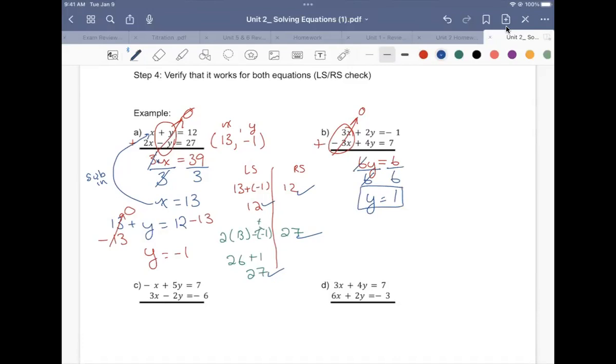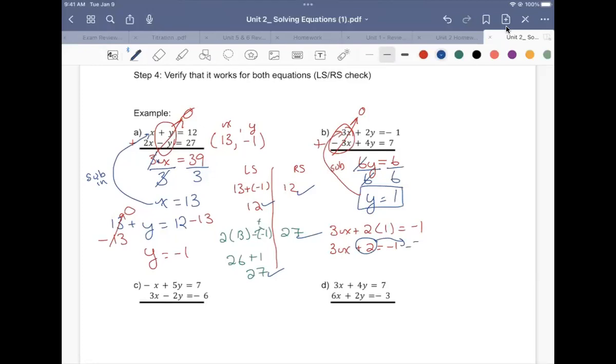If I am looking for x, what I'm then going to do is resubstitute that back into one of the equations. So I am going to pick the first one, and it's going to be 3x plus 2 times 1 equals negative 1. 3x plus 2 equals negative 1.